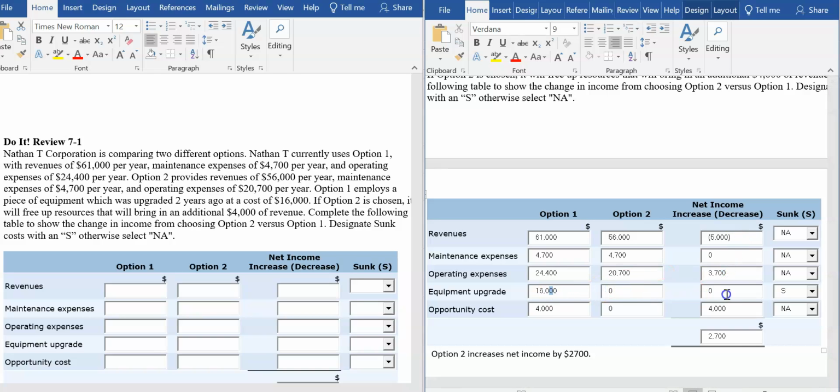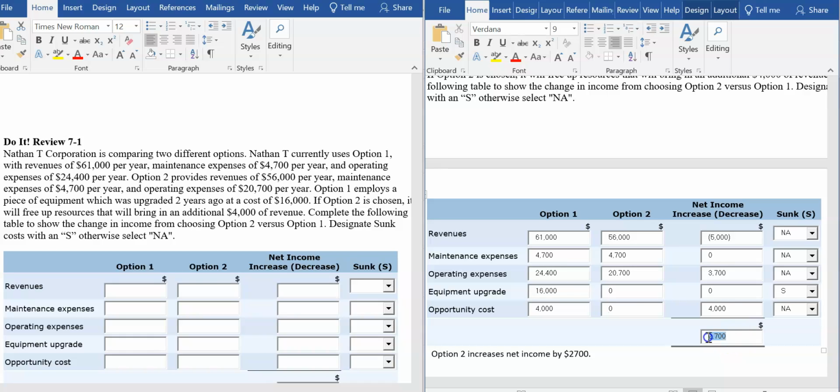The equipment upgrade, we really should be seeing this as a $0 here because there's no difference between the two. It's a sunk cost. And then the opportunity cost causes our $4,000 to offset our loss in net income because we will not have that opportunity cost, helping to offset the decrease in revenues.